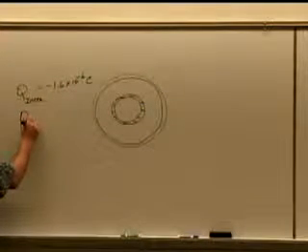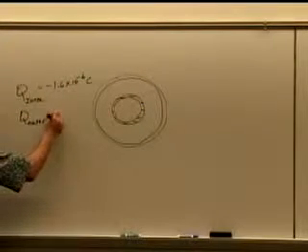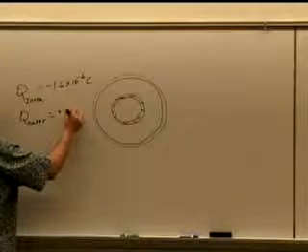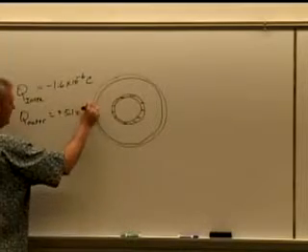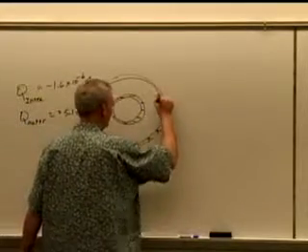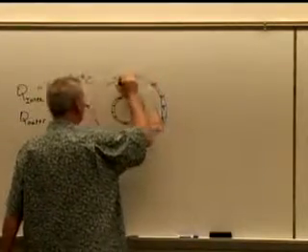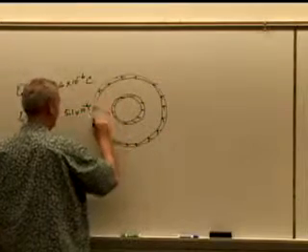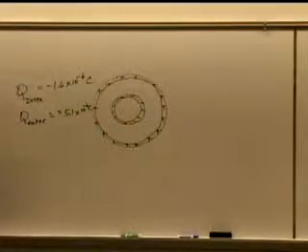Q outer equals positive 5.1 times 10 to the negative 6 coulombs spread evenly on the outer. Okay, you get the idea.